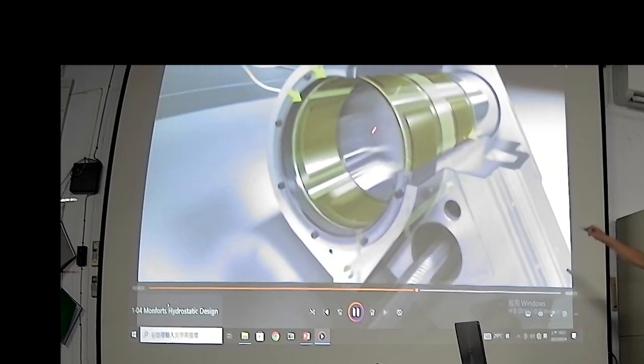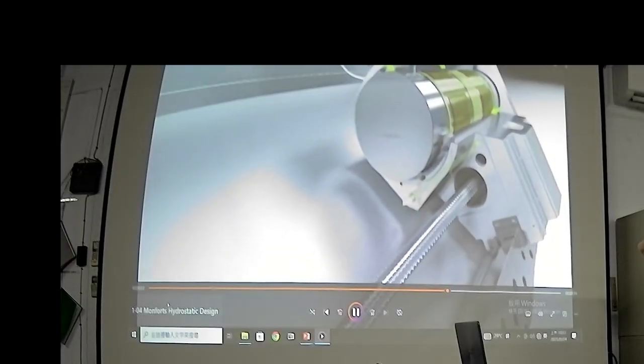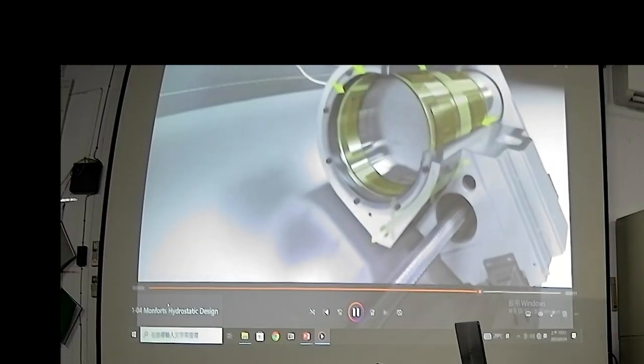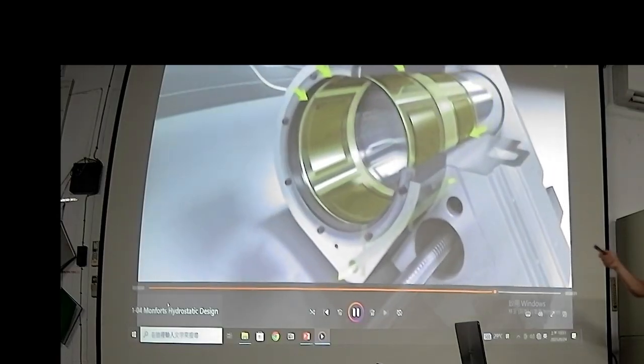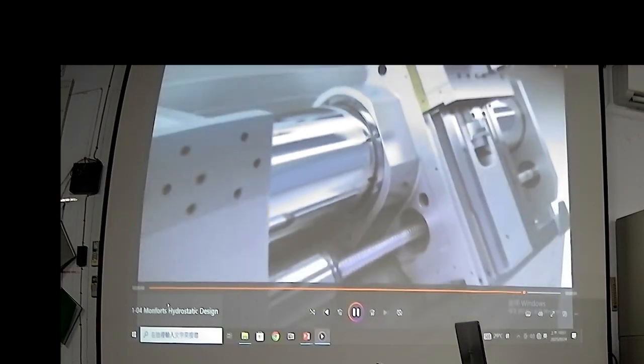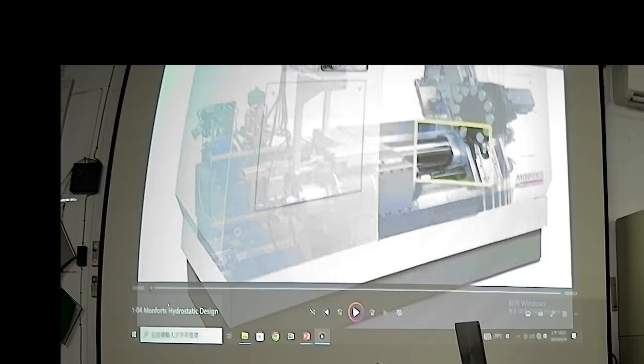The hydrostatic bearing design in the Z-axis of the machine. So there's a guarantee for the hydrostatic bearing with a 5-year guarantee of no wear.